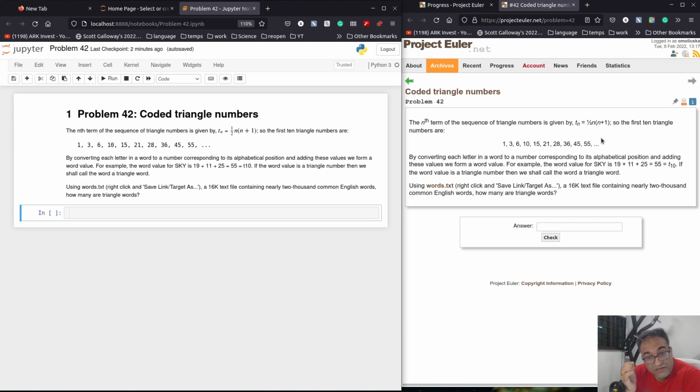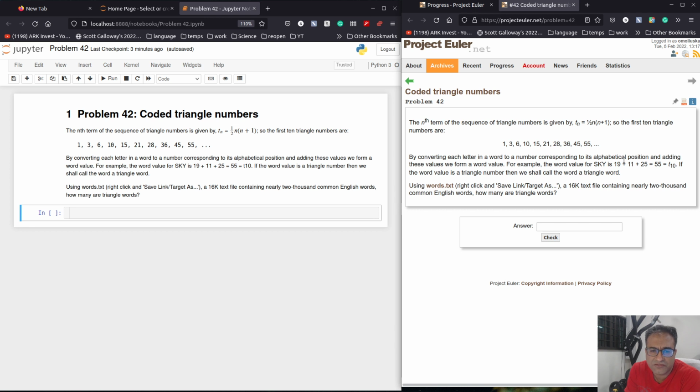Yeah, if you have an increasing arithmetic progression, then I think this is the sum of that arithmetic progression. I don't remember. Okay, never mind. So the first 10 triangle numbers are listed here.